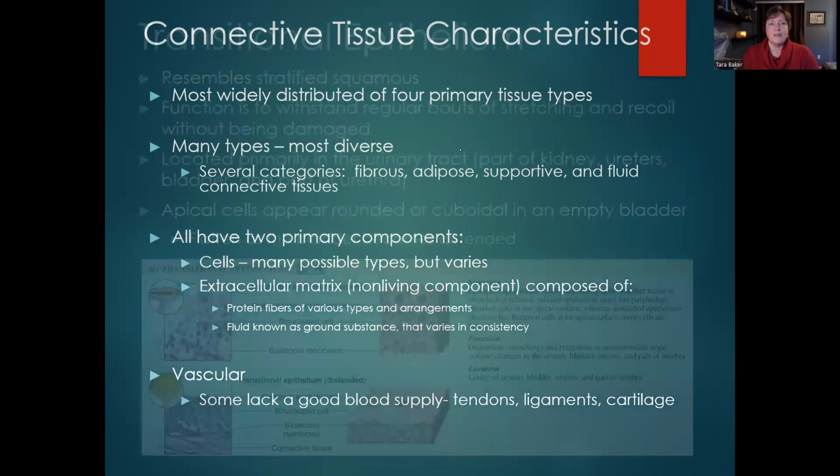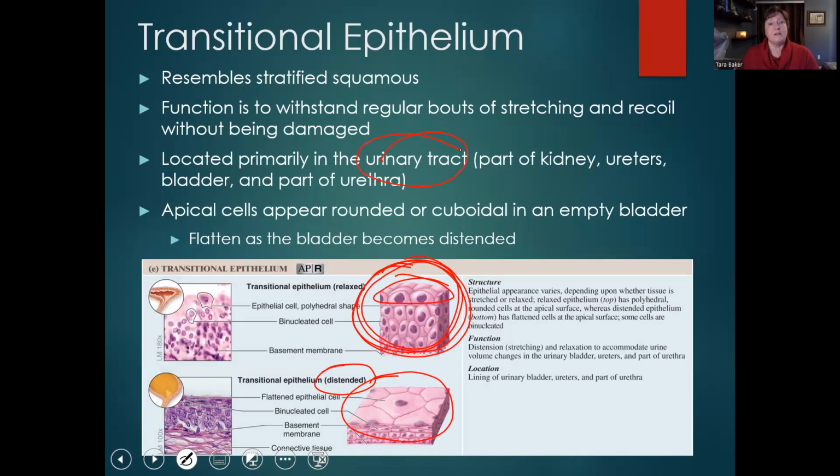All right, so that is it for epithelium. This is a long introduction. There's a lot of different subtypes of epithelial cells. Remember, all we did here was we went through if it was stratified or simple. We started with simple squamous, then we went to simple cuboidal, then we went to simple columnar.